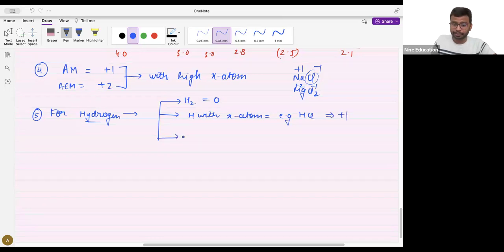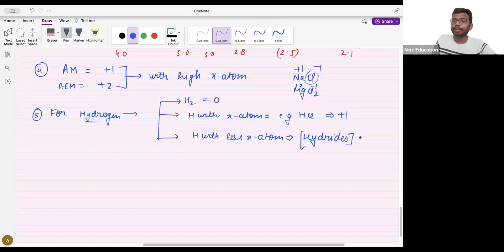But remember, hydrogen can be in another form also: hydrogen with less electronegative atoms. Those are known as hydrides, and hydrides have oxidation state -1.